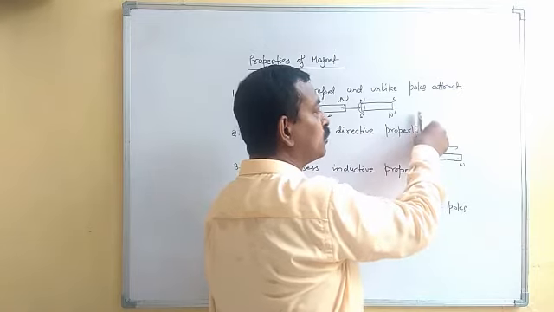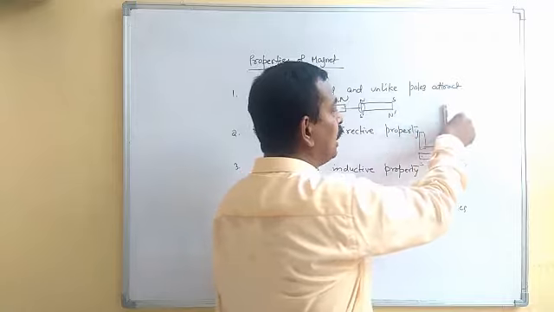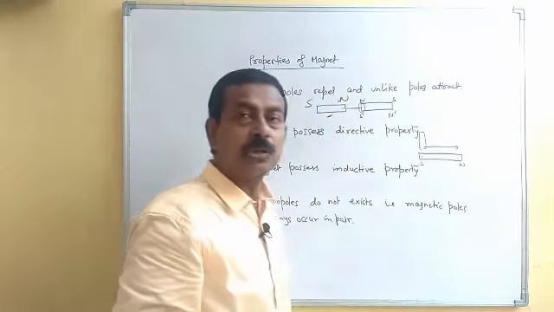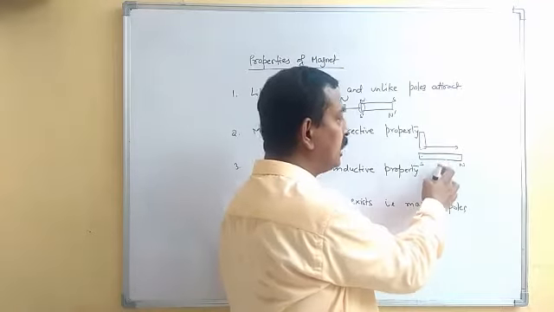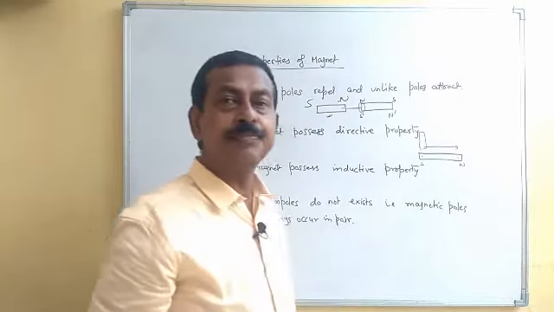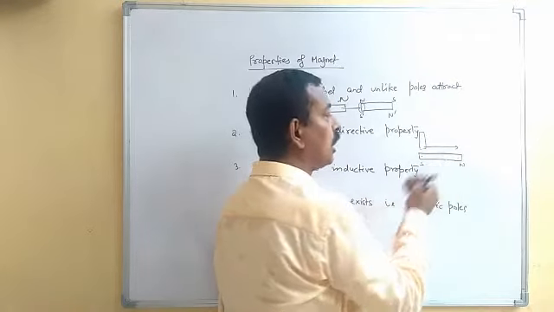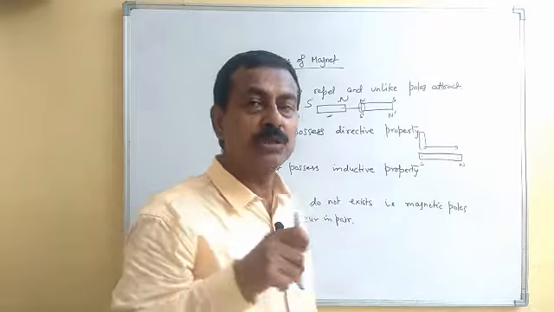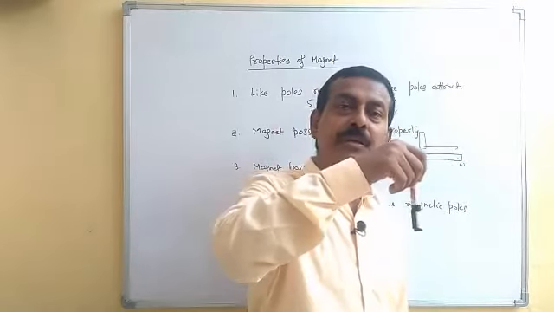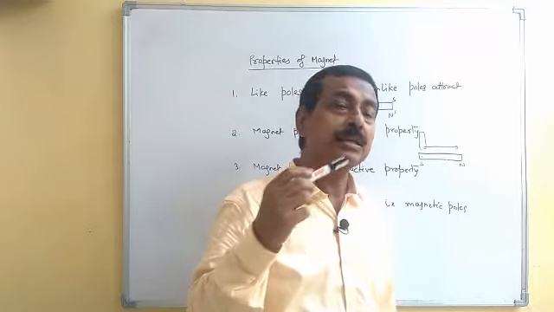So there is a force of attraction, and this force will be maximum. As we move this along its length, the force of attraction will decrease till we reach the midpoint. And after that, it will again start increasing because we are approaching the other pole. So if there is a variation in the force, the one which we are moving is an iron piece and the other which is lying on the surface is a magnet.